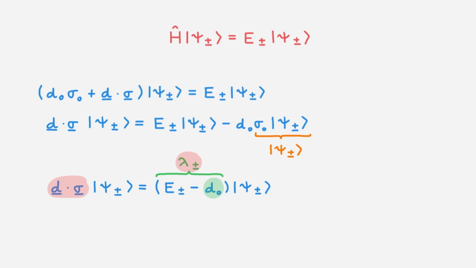Overall, this result implies that we can focus on the operator d dot sigma to determine the eigenstates of the Hamiltonian, and therefore in the rest of the video we will focus on this new eigenvalue equation where I'm omitting the plus-minus subindices for simplicity.